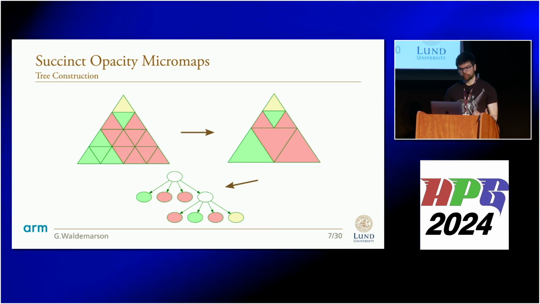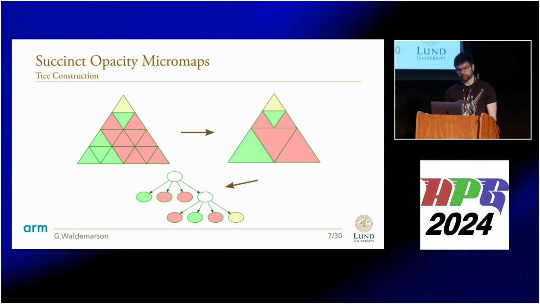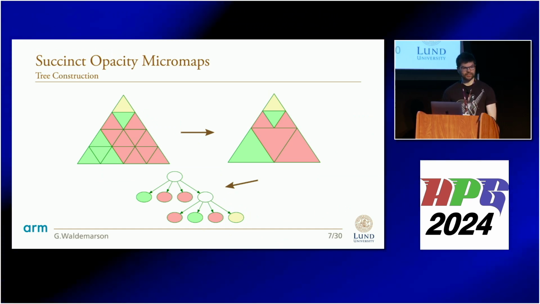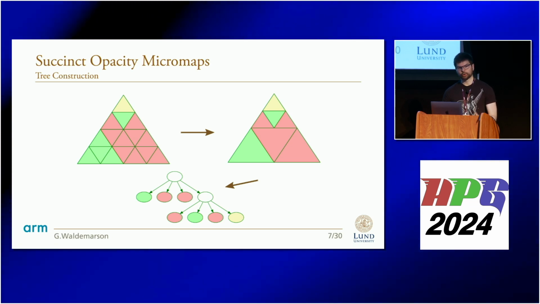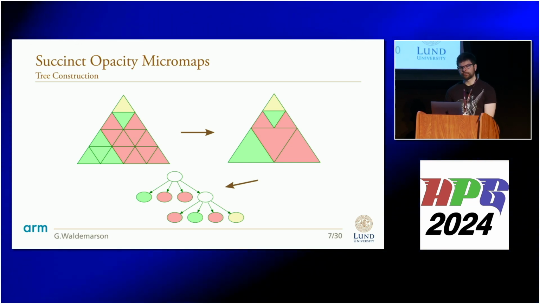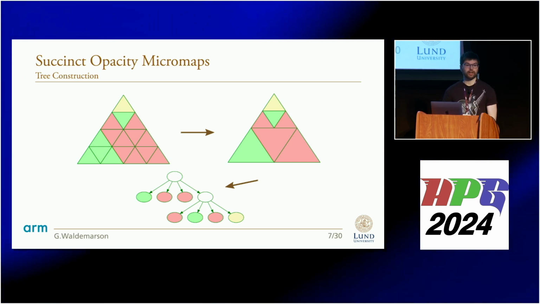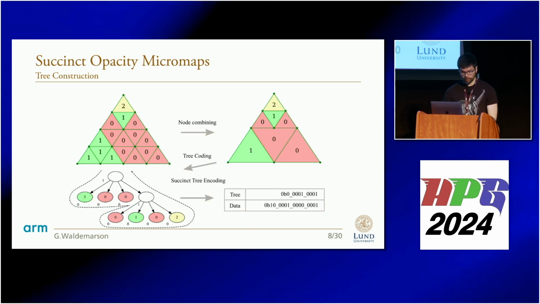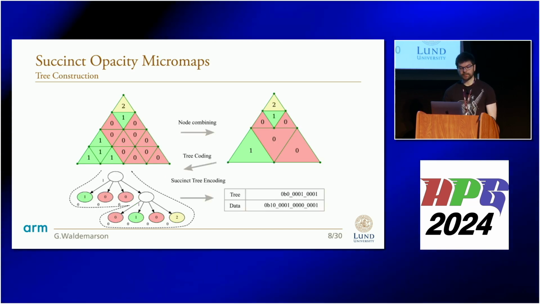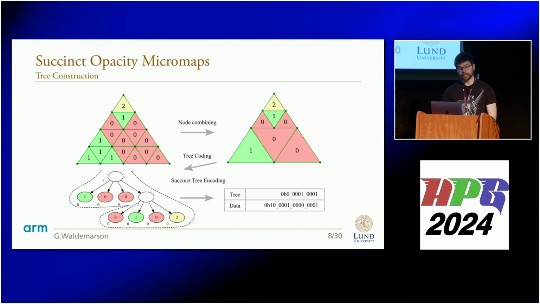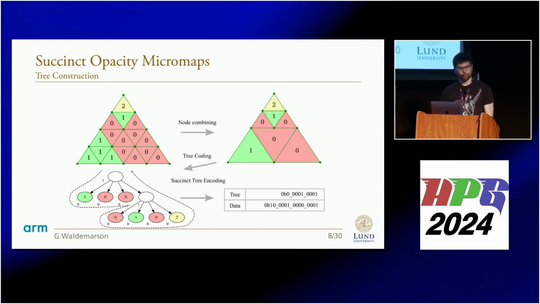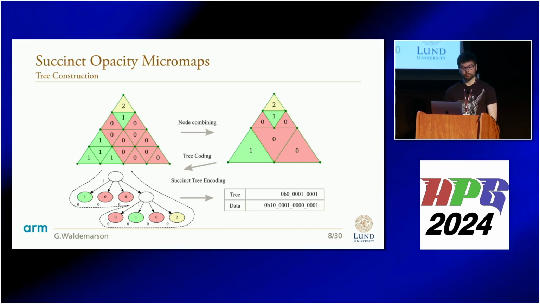Pointers, of course, could handle this particular aspect better, but at least for opacity micromaps, where the values we care about are so small, bringing pointers into this felt like a step in the wrong direction. However, by using a type of data structure referred to as a succinct data structure, we can store this tree in an almost optimal way.